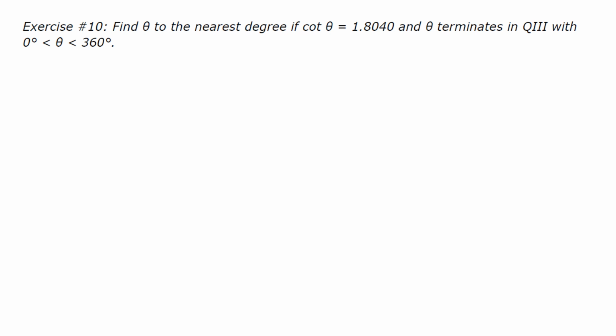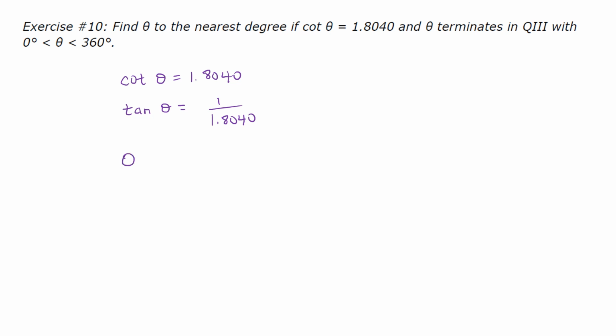Okay, find theta to the nearest degree if the cotangent theta equals 1.8040 and theta terminates in quadrant 3, with theta being between 0 and 360 degrees. So the cotangent of theta equals 1.8040, which means the tangent, its reciprocal, of theta would be 1 over 1.8040.